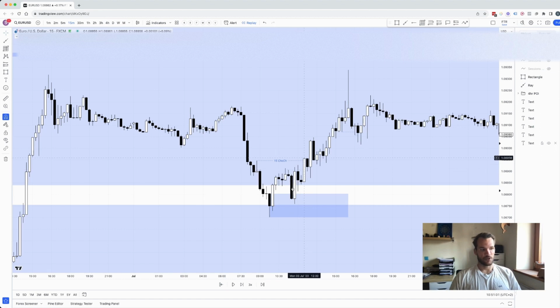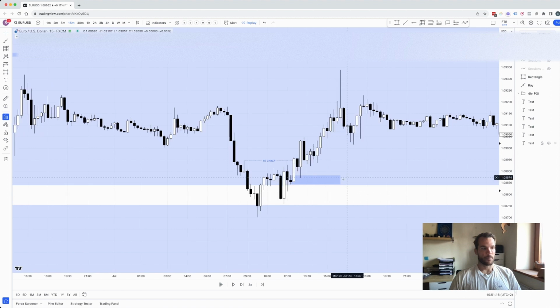However, this has tagged in here and mitigated this order block, and then this order block was mitigated here, so we're only left with what we would call our flip zone order block. You can see that this is where the reaction came out of.